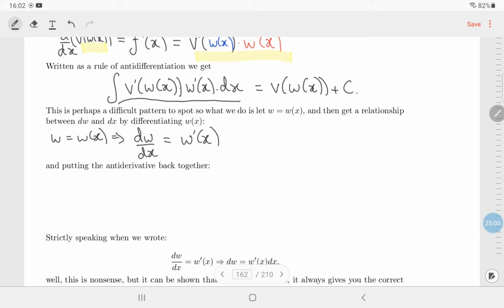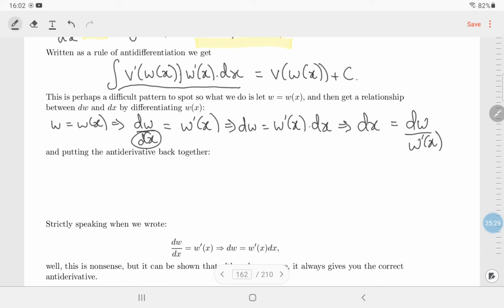I'm going to solve this for dx. So I multiply both sides by dx, and I get dw is w dashed of x dx. And then I divide both sides by w dashed of x to get dx is equal to dw divided by w dashed of x. And I'm going to put the integrals back together.